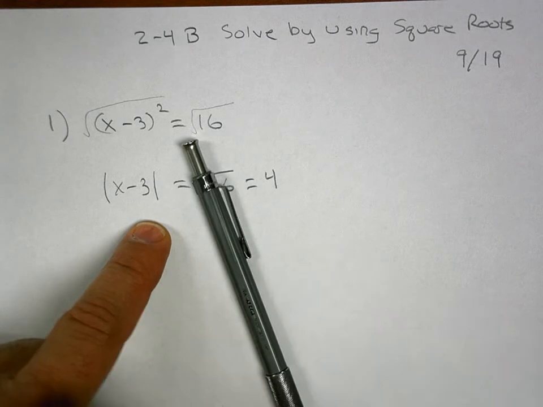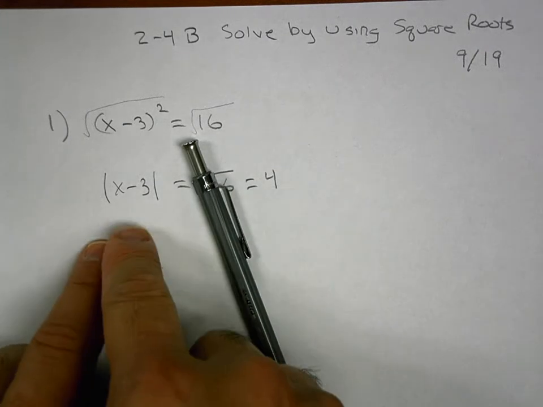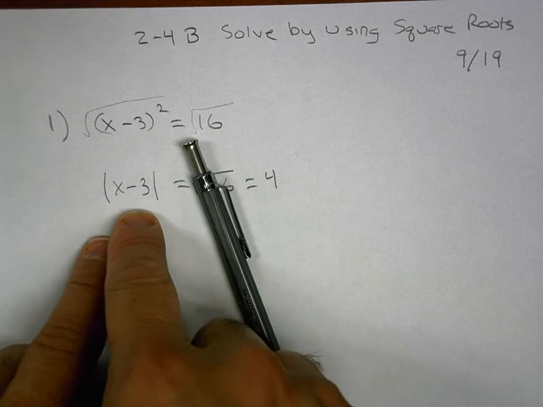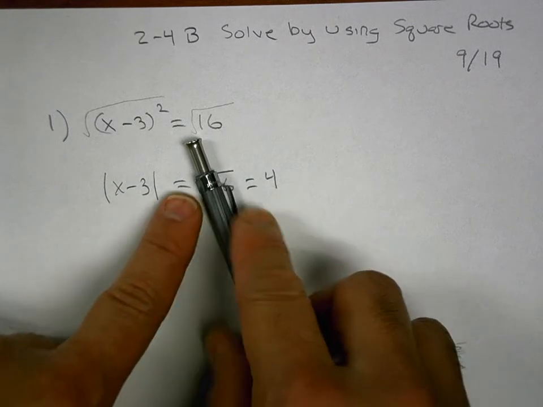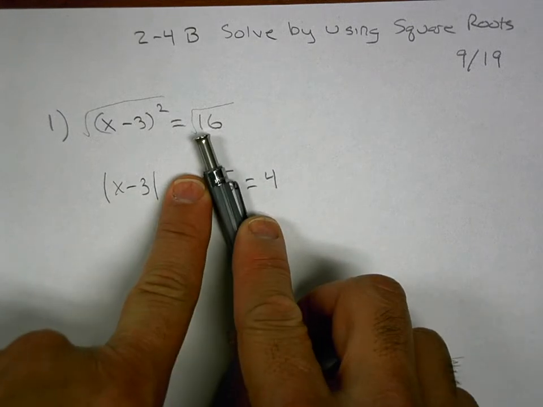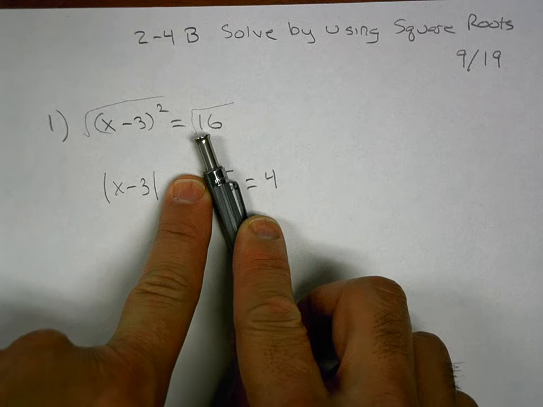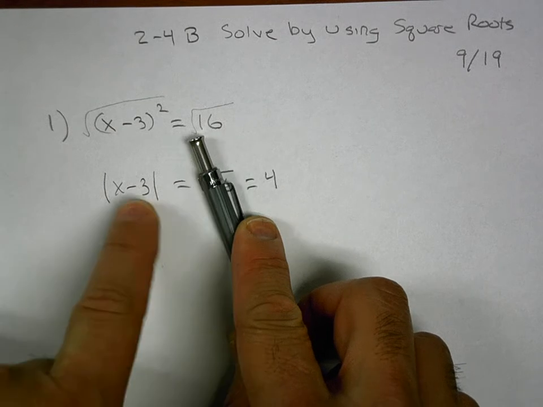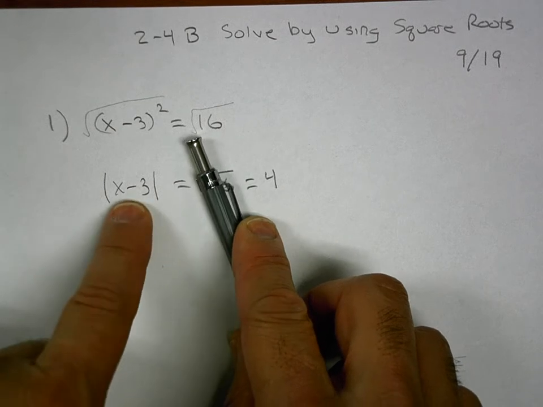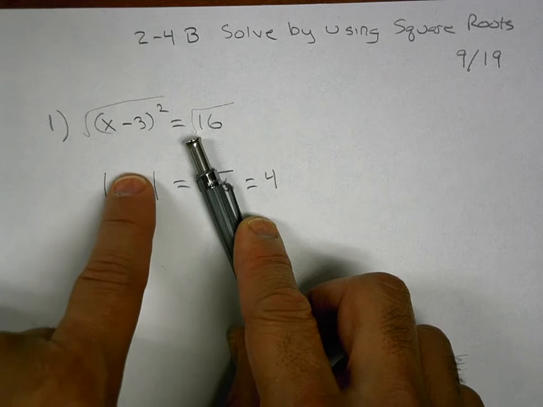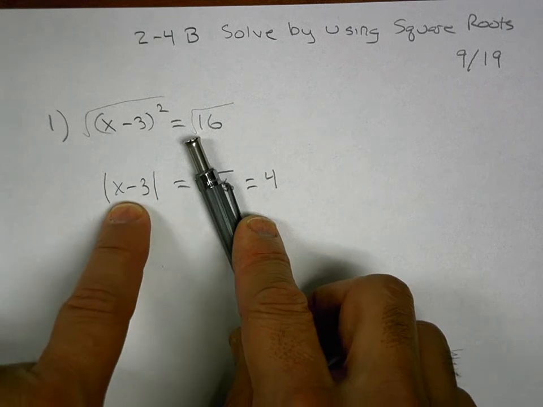Now this should look familiar. We just did this in this unit, solving absolute values. So the absolute value of x minus 3 equals 4. How do we set that up? The x minus 3 inside there could equal 4, or it could equal negative 4, and that's our setup.